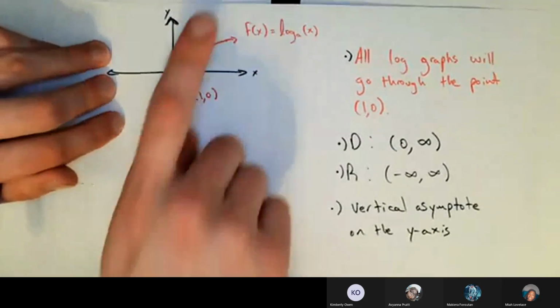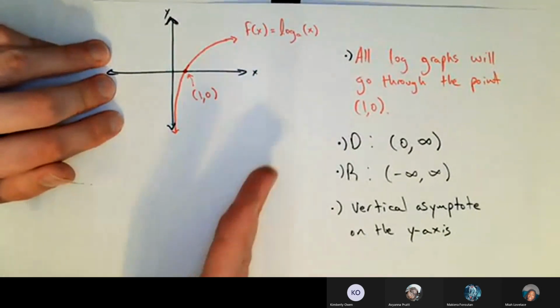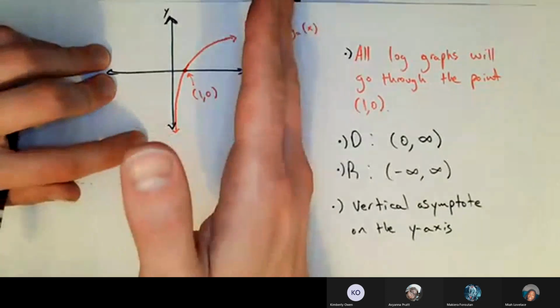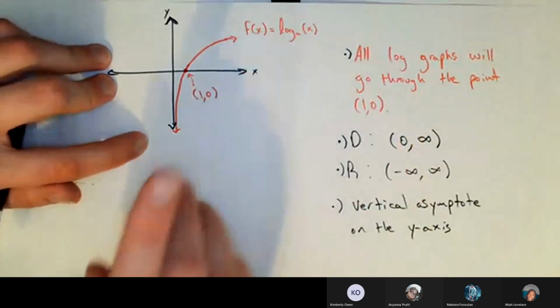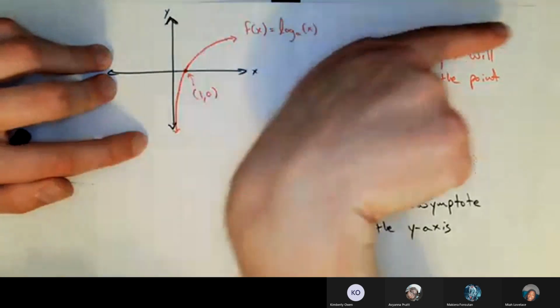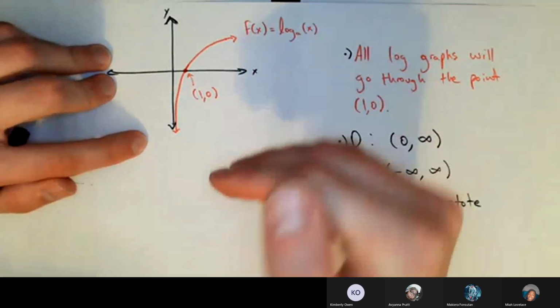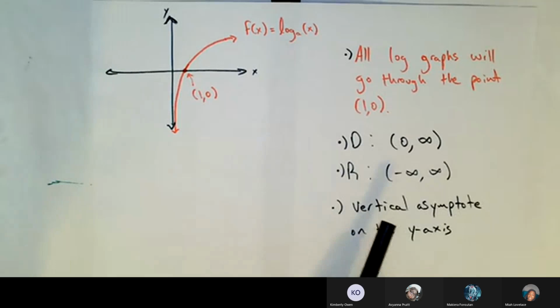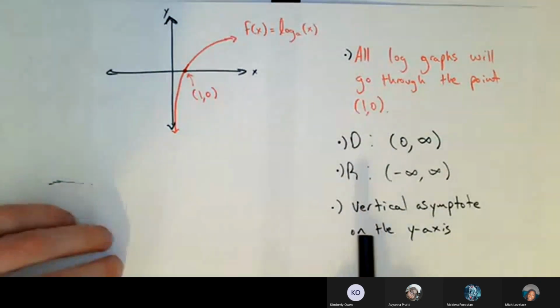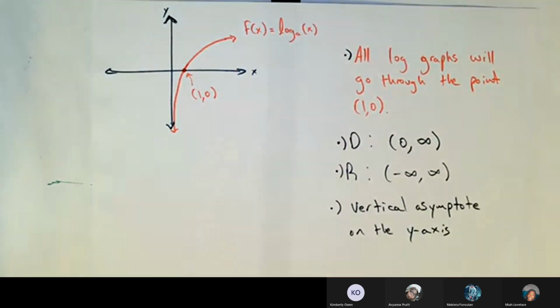An exponential function increases super fast vertically but very slowly horizontally. This does the opposite. It increases very fast horizontally and very slowly vertically. Just like with exponential functions, there was a horizontal asymptote. Now, since things are flipped, there is a vertical asymptote for log functions.